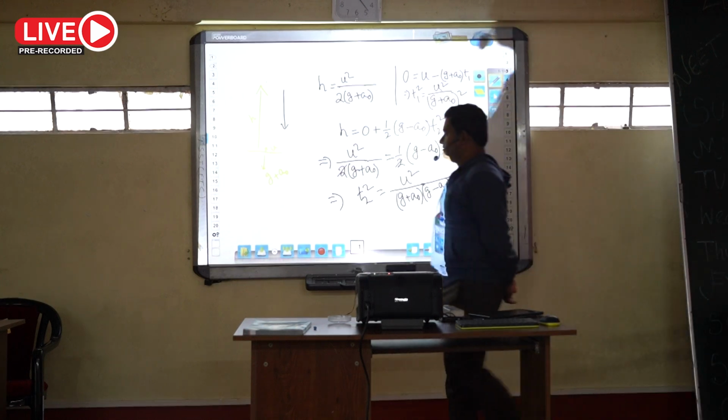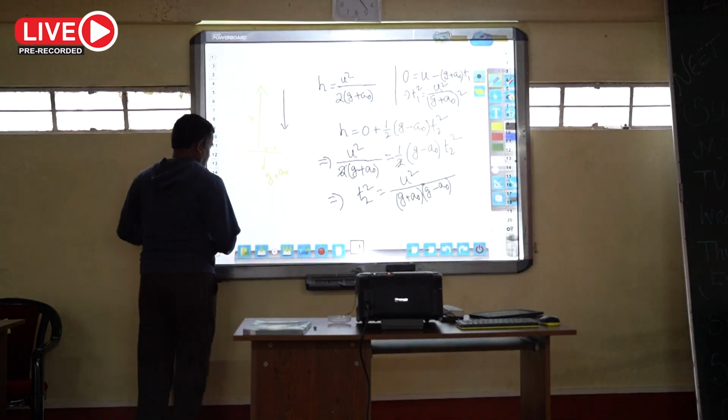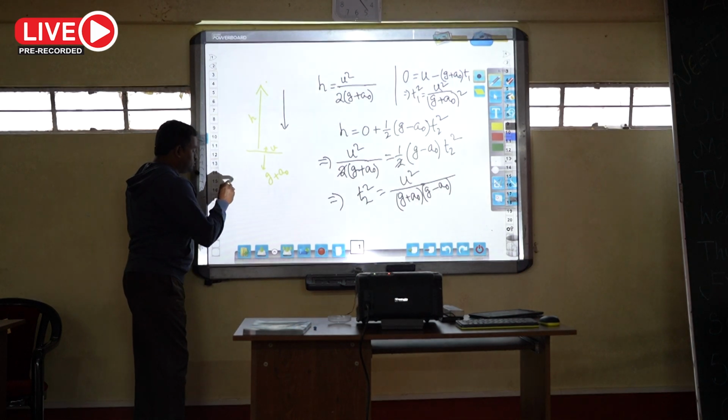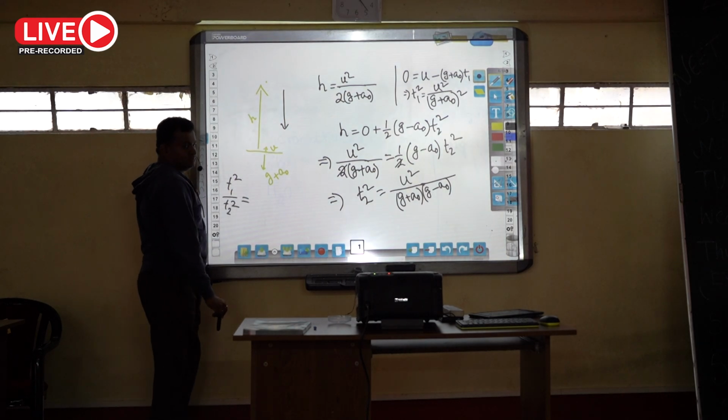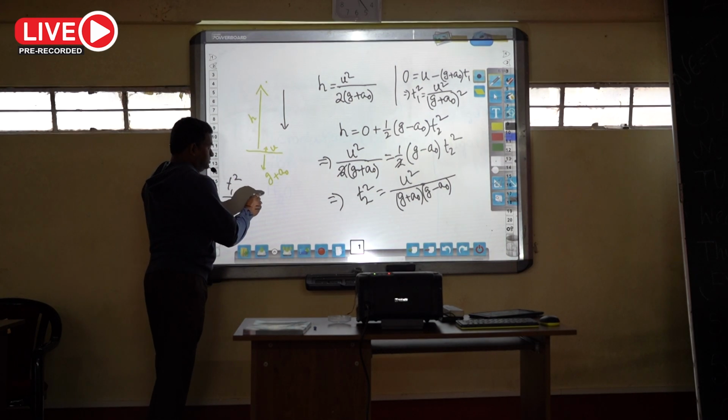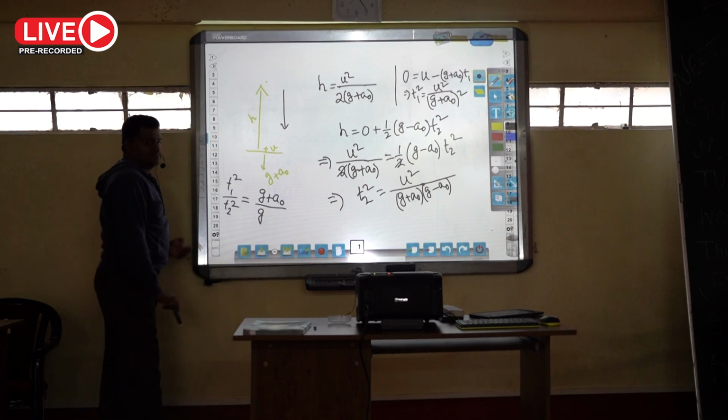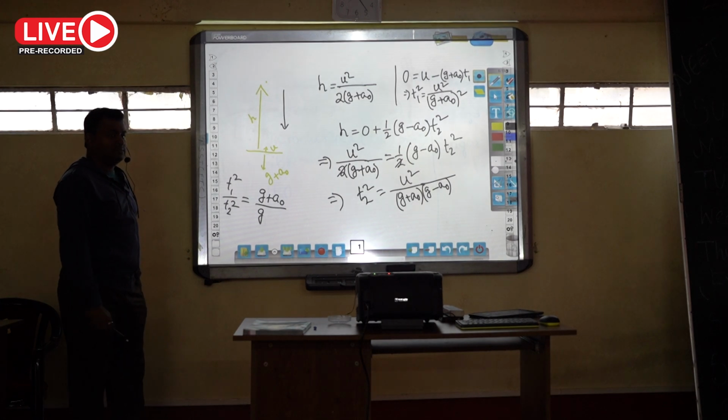So what is it coming? T1 square by T2 square, it is coming g plus a naught by g minus a naught.